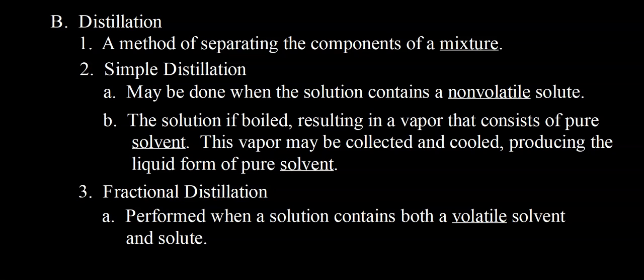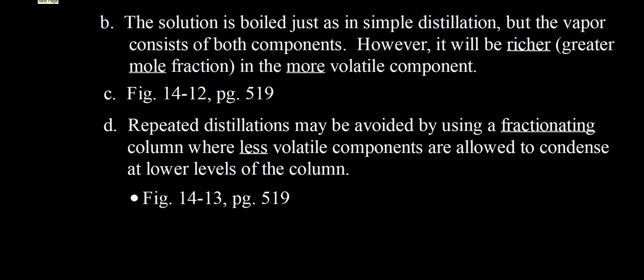What if your mixture contains both a volatile solvent and volatile solute? Well, the process is a little bit different. We're going to use something called fractional distillation. So it starts the same. You're going to boil the solution, but in this case, the vapor that is produced when that solution boils consists of both components, both the solutes and solvents.